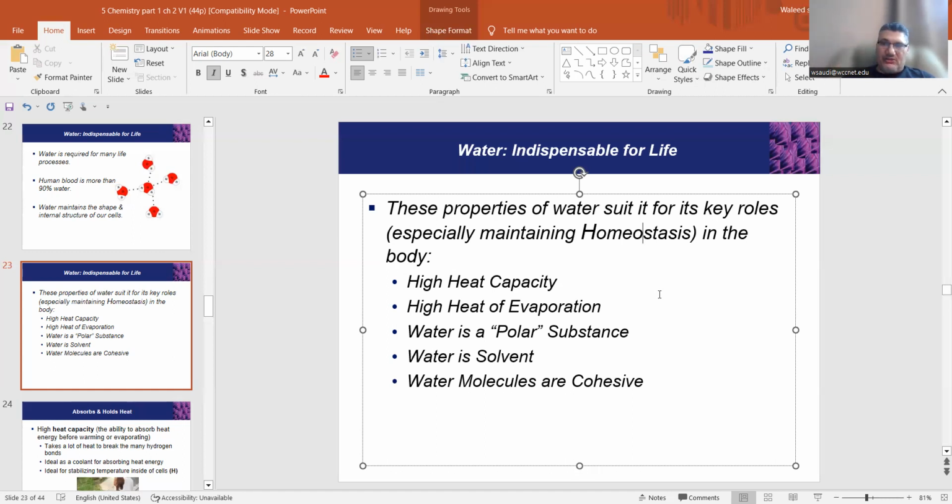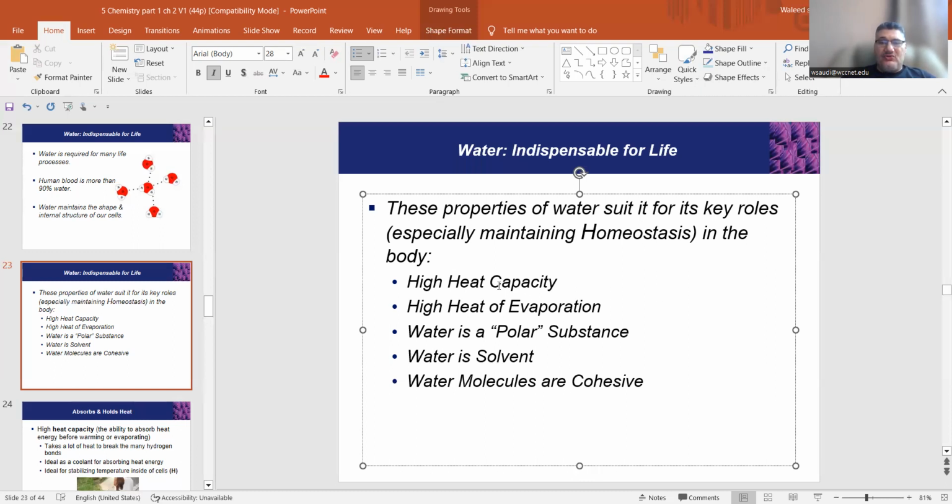Stasis means to keep it. So keep things within the normal range. Keeping what? Everything. Sugar, glucose, oxygen, carbon dioxide, body temperature, body pH, everything should be kept within the normal range. And we call that homeostasis.